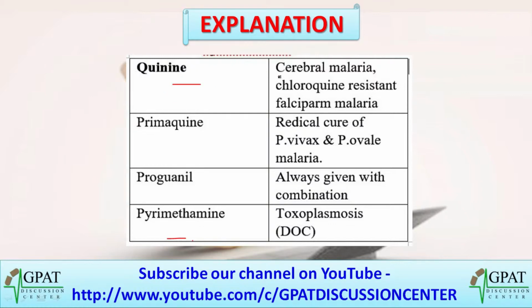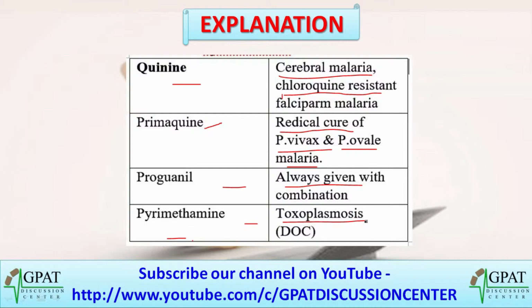Quinine is used for cerebral malaria and chloroquine-resistant falciparum malaria, whereas primaquine is used for radical cure of Plasmodium vivax or Plasmodium ovale malaria, and proguanil is always given in combination, whereas pyrimethamine is used as a drug of choice for toxoplasmosis.